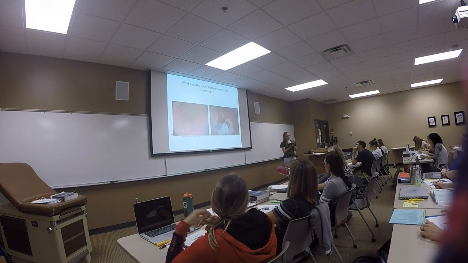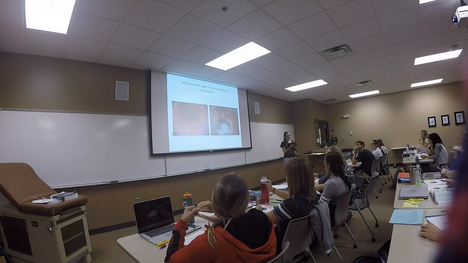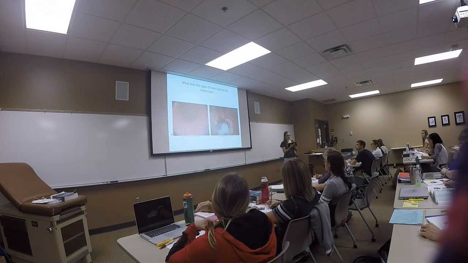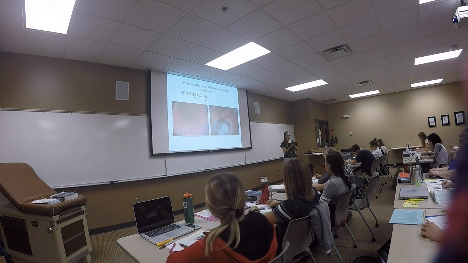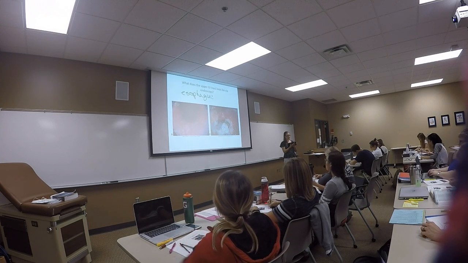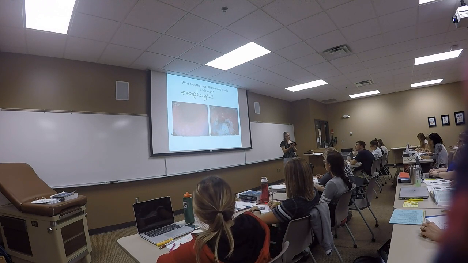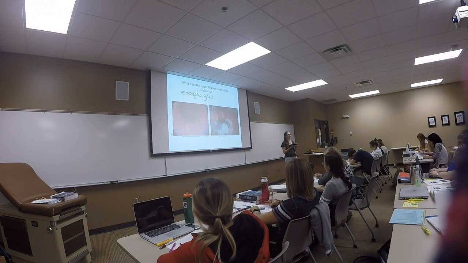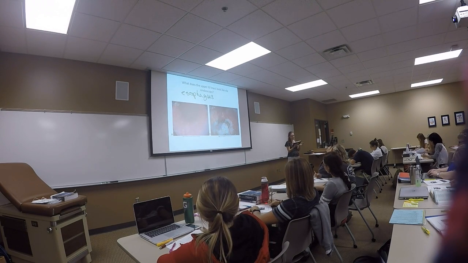So here we've got esophagus. And on the left side, we have a nice normal esophagus, so smooth lining, all that. This is esophageal cancer, so definitely not normal. Pretty juicy there.